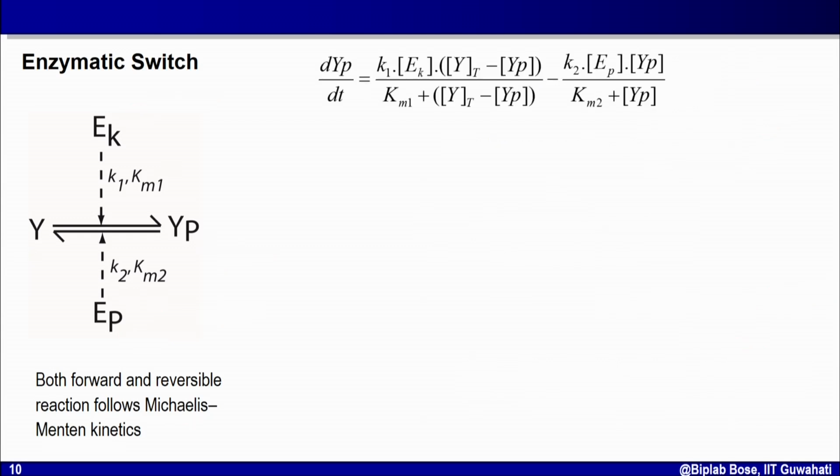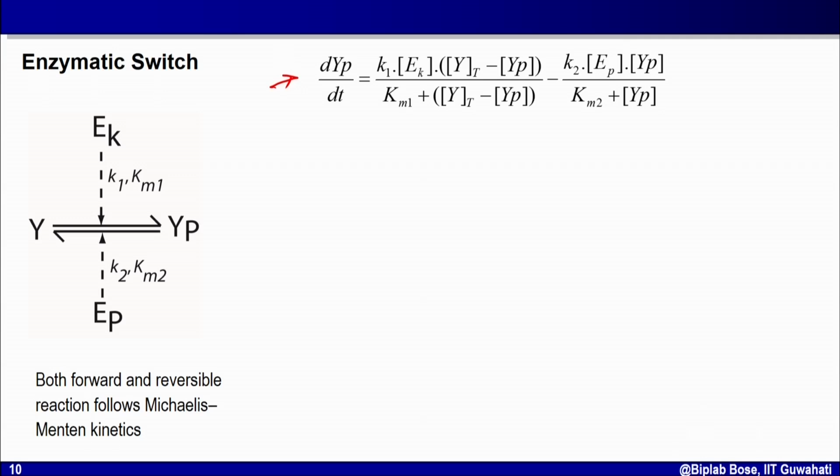So let us clean it a bit. What I have is an enzymatic switch which is a motif present in enzymatic cascade. Y is becoming Yp by a kinase Ek and it is getting dephosphorylated by Ep. Both are following Michaelis-Menten kinetics, and I get an ODE like this, which represents rate of change of Yp with respect to time.